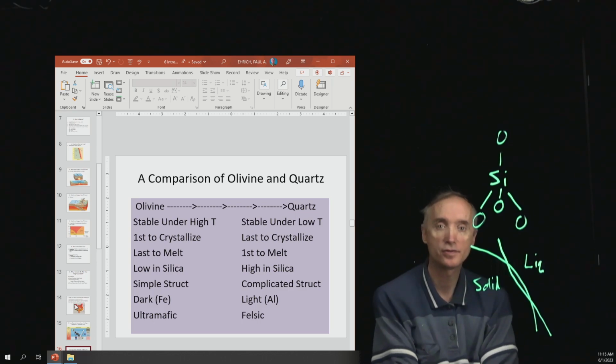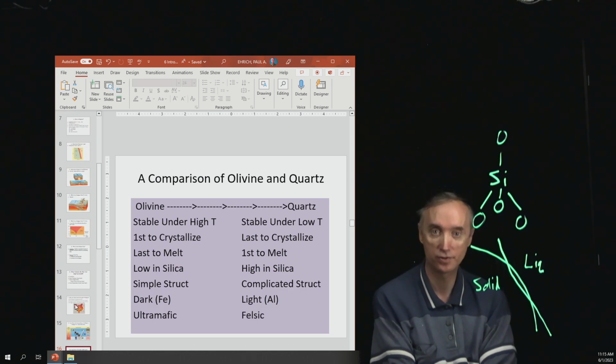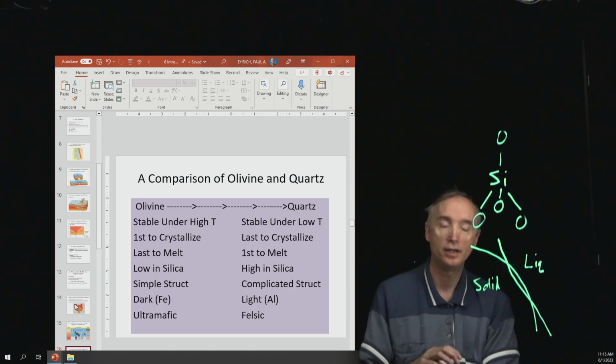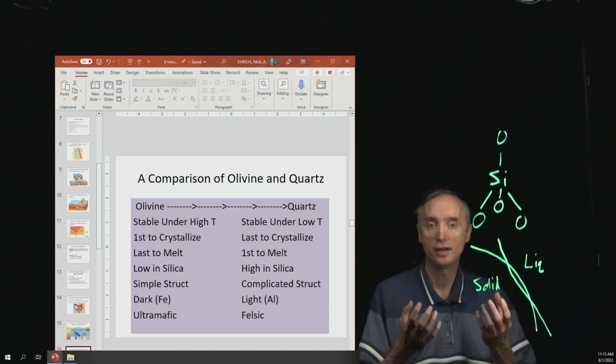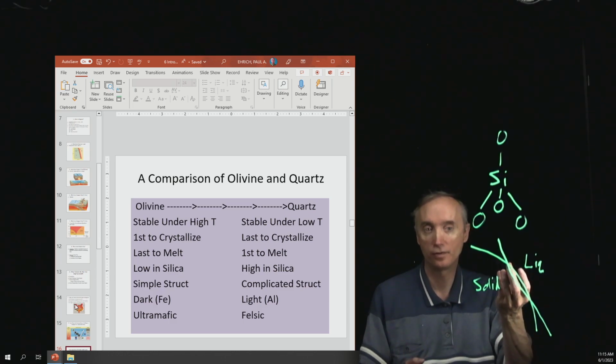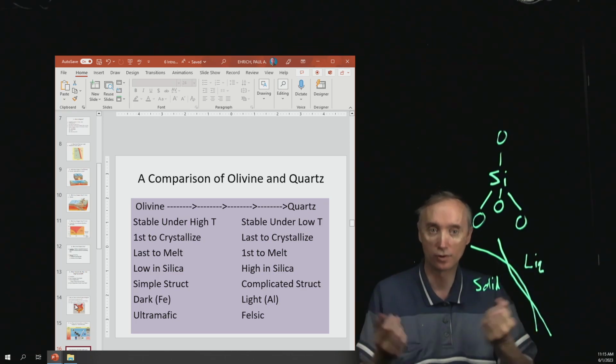So here's a comparison of olivine and quartz. Olivine is very stable under high temperatures, but quartz is stable under low temperatures. If you take quartz at the surface of the earth, it basically just stays quartz.